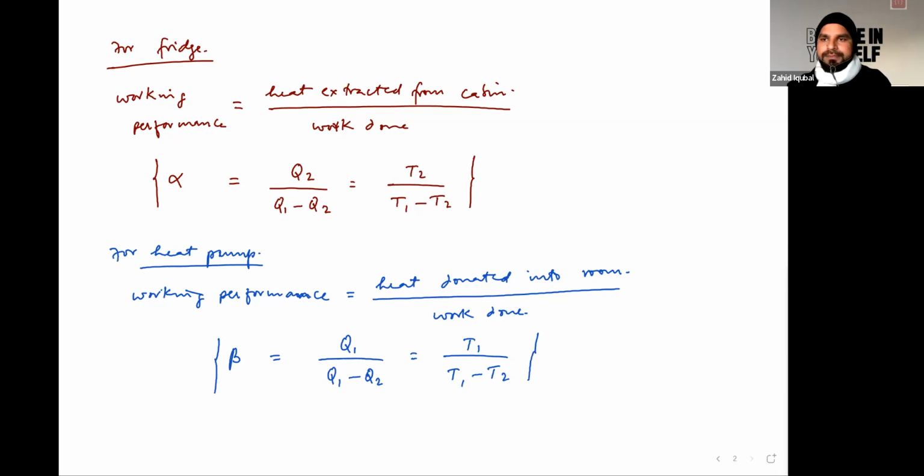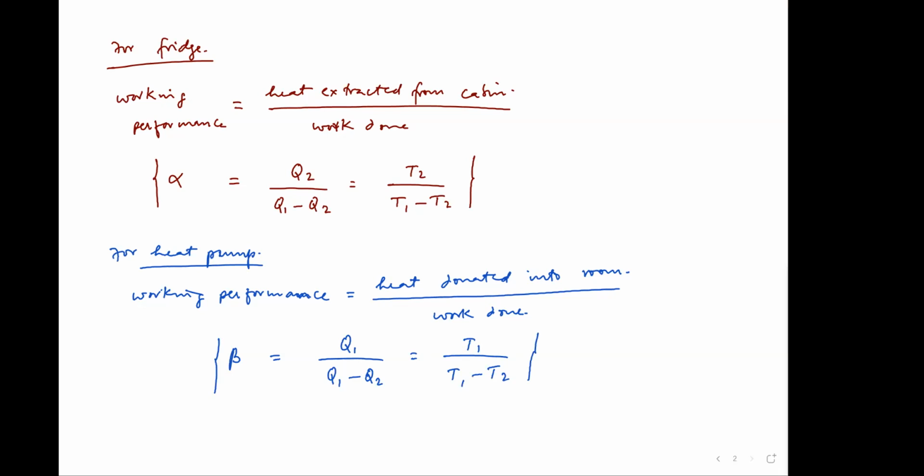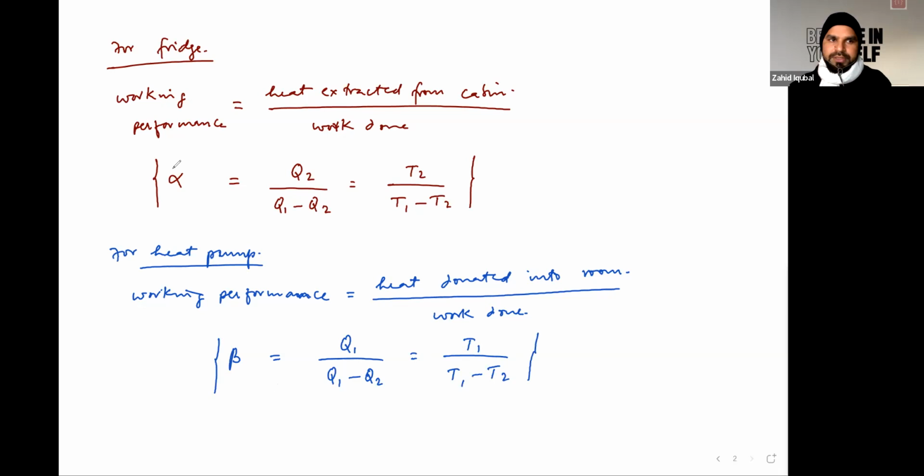Fatma, any doubt? No, sir. So up to this part, we have three different engines. First one was heat engine, second is fridge, and third is heat pump. So if you have to relate the working ability or efficiency of these three terms, we can say beta is alpha plus 1, and which is equals to 1 by eta.